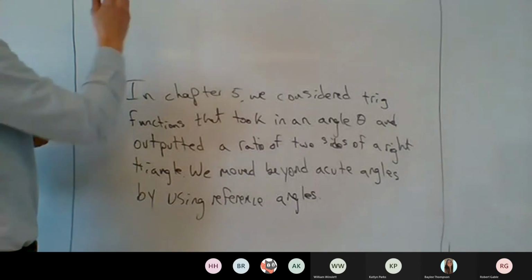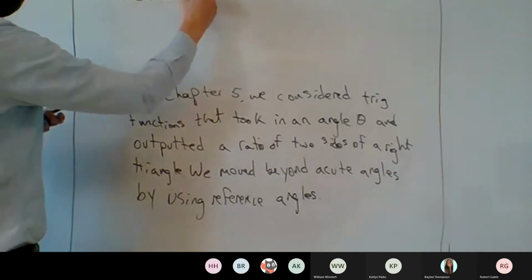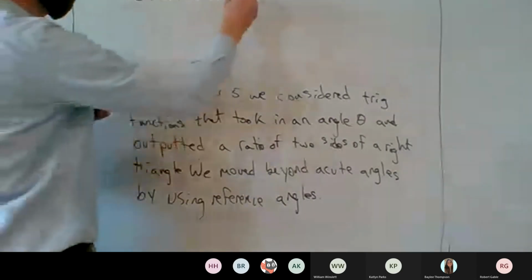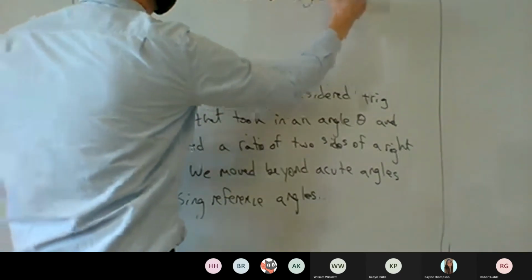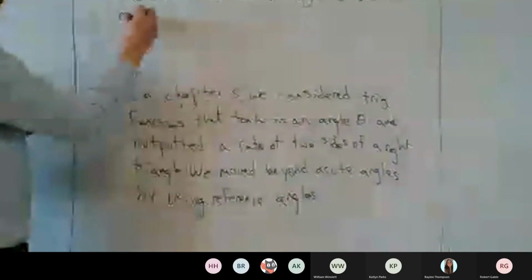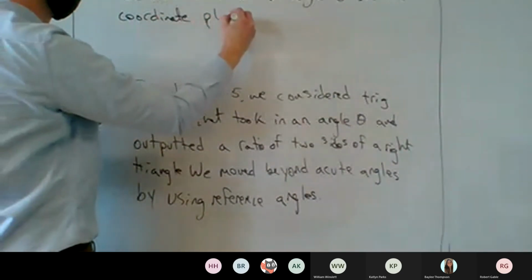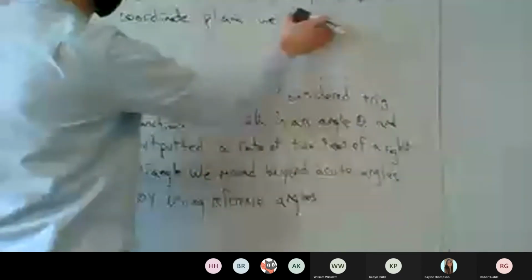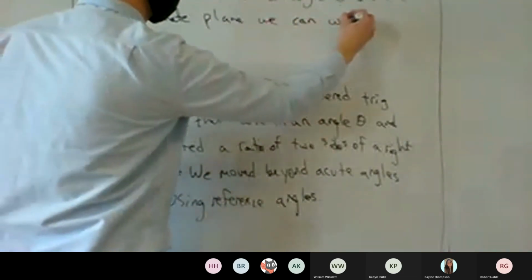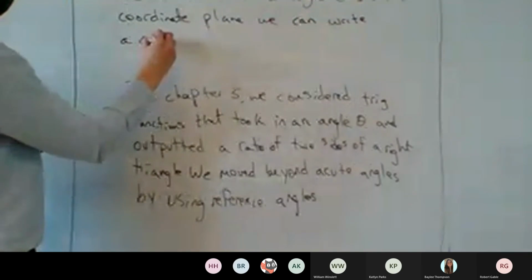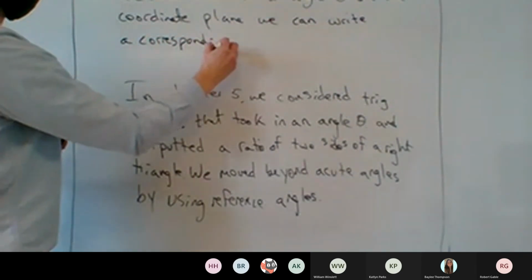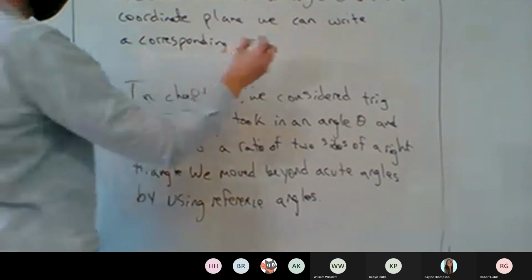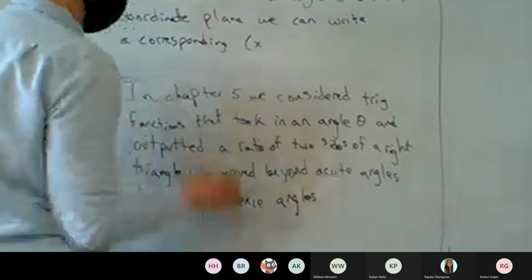Now, what else did we see in chapter 5? We saw that for an angle theta on the coordinate plane, we can write a corresponding coordinate point.